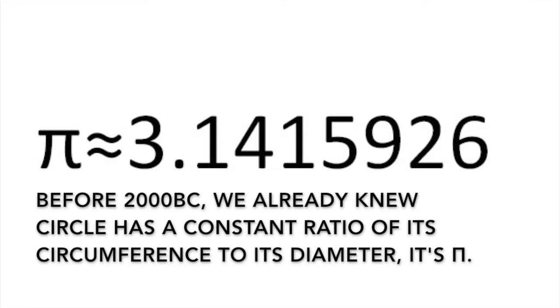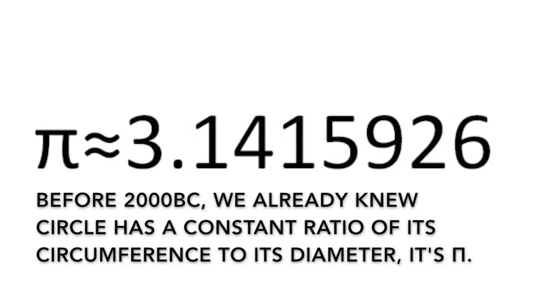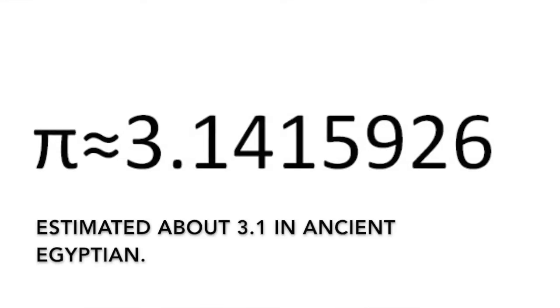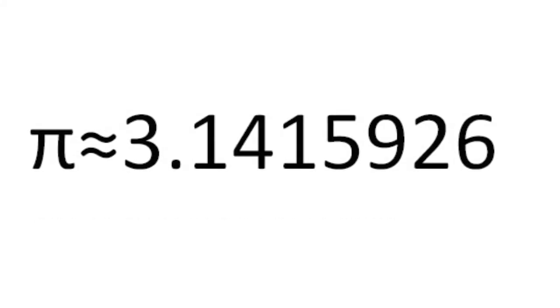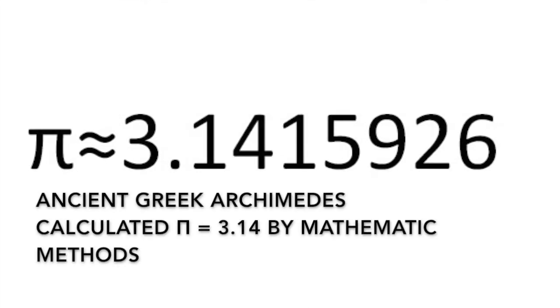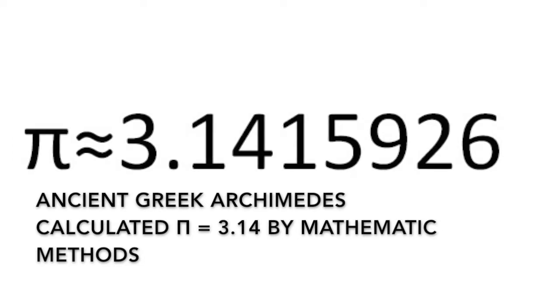Before 2000 BC, we already knew a circle has a constant ratio of its circumference to its diameter. It's pi, estimated at about 3.1 in ancient Egypt. The ancient Greek Archimedes calculated pi as 3.14 by mathematical methods.